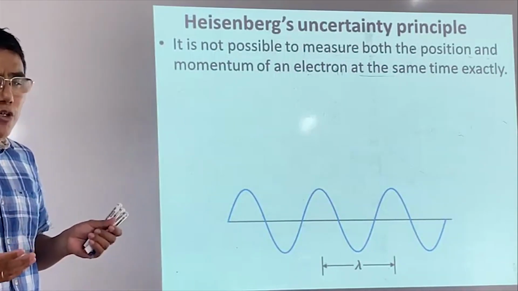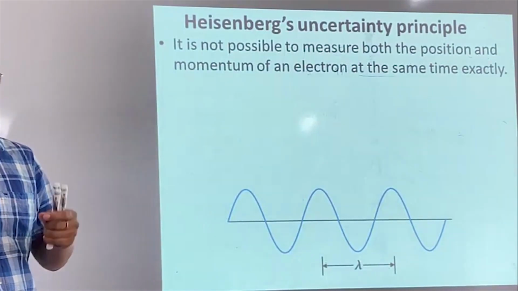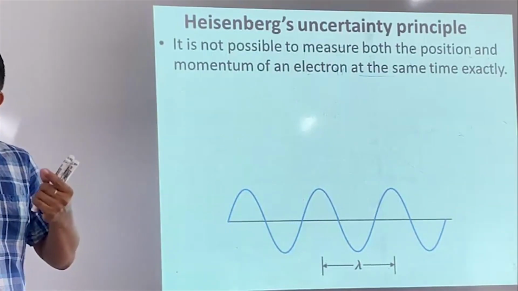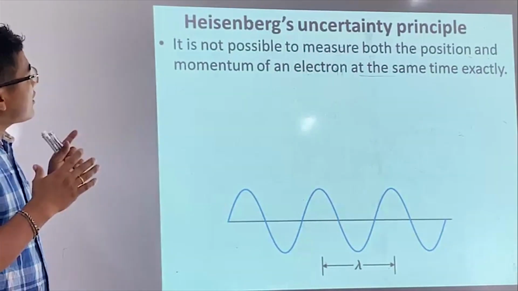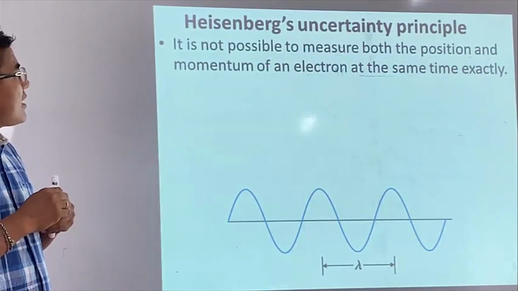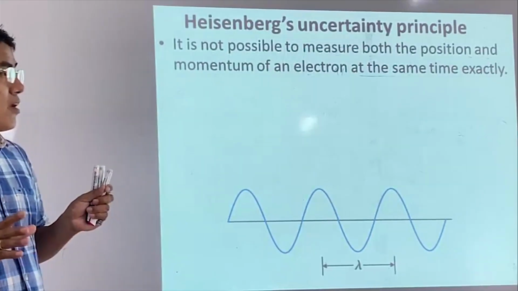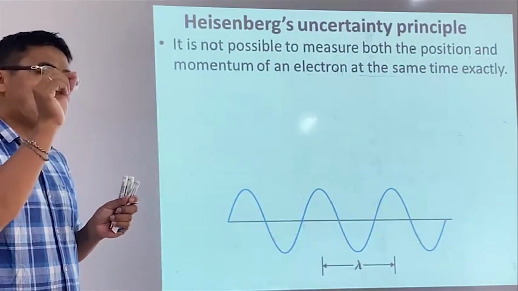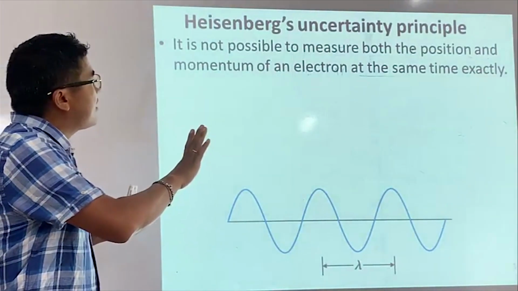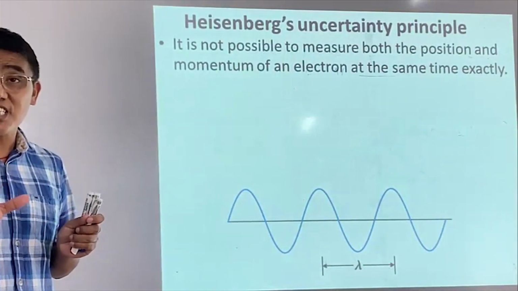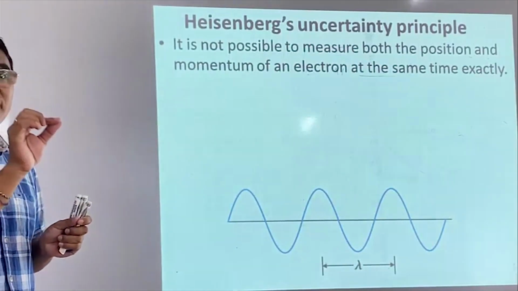So we say that whenever we talk about particles, we talk about two important things: position and momentum. The uncertainty principle says that it is not at all possible, in nature, to measure exact momentum and exact position of a particle at the same time.